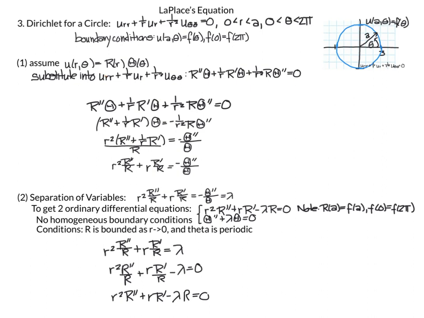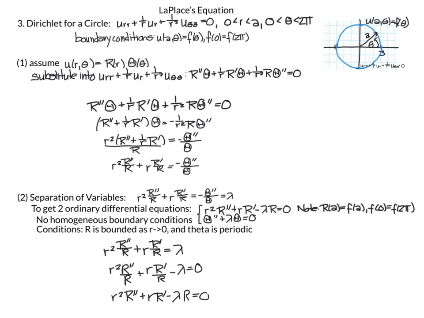So our u_rr is going to be R double prime Theta. Our u_r is just R prime Theta, and our u theta theta is going to be R Theta double prime. So we plug that back into this equation here, and we get R double prime Theta plus 1 over r R prime Theta, plus 1 over r squared R Theta double prime.